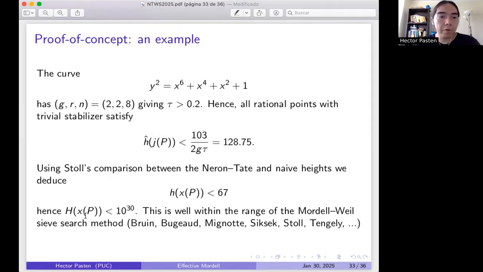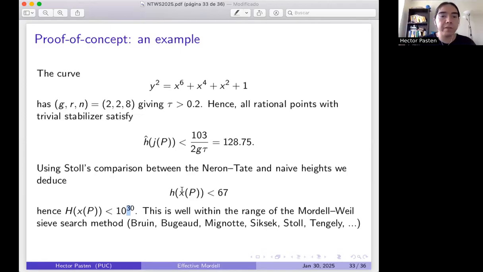And therefore, when you take the naive height multiplicatively, not taking logarithms, it's bounded by 10 to the power 30. This number is huge, okay? But it's not so huge. So there are techniques to find rational points up to bound like 10 to the power 1000, for instance, okay?